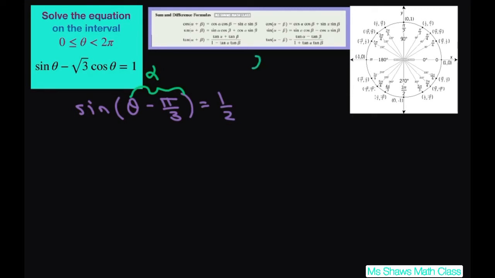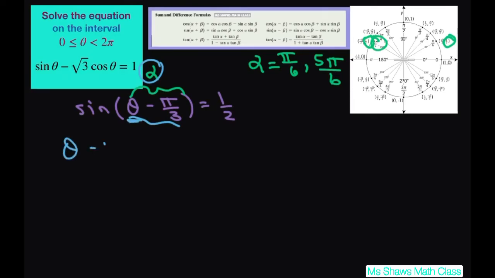Well, alpha would have to be pi divided by 6 and 5 pi divided by 6. Therefore, we're going to set our argument equal to those, so I can solve for my angle.